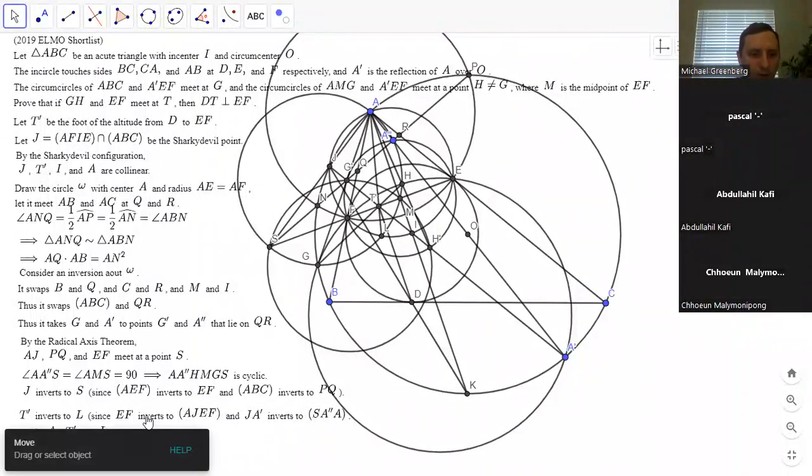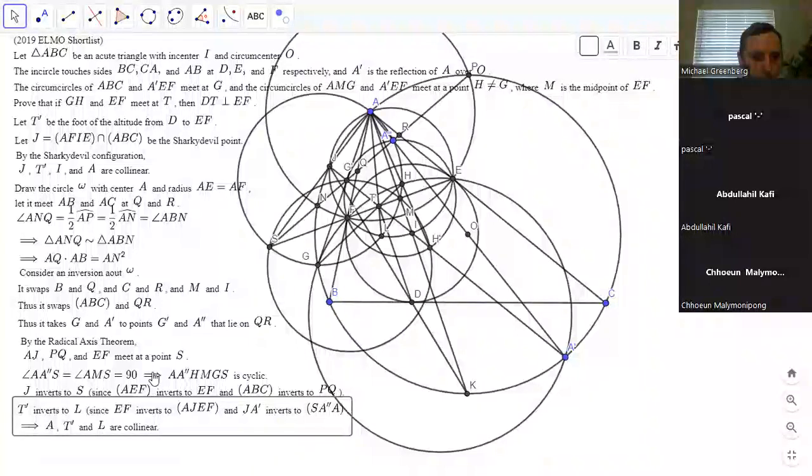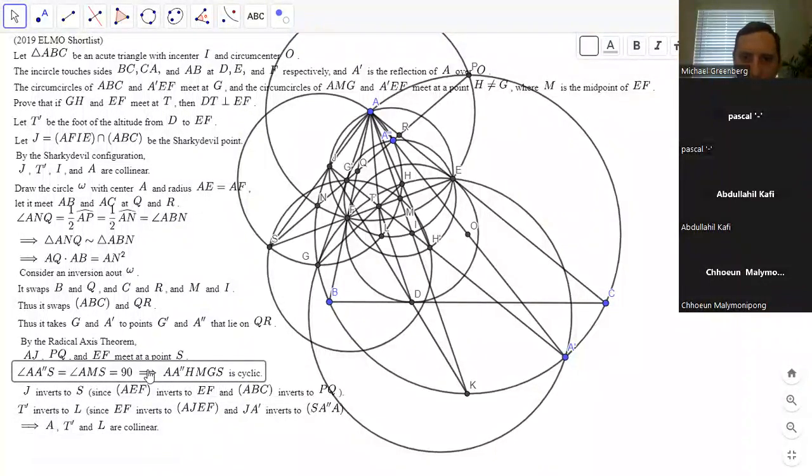Okay, so A, T prime, and L are collinear, and therefore, yeah, now we can just use power of a point.